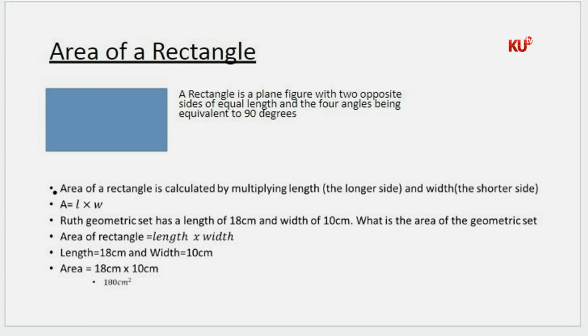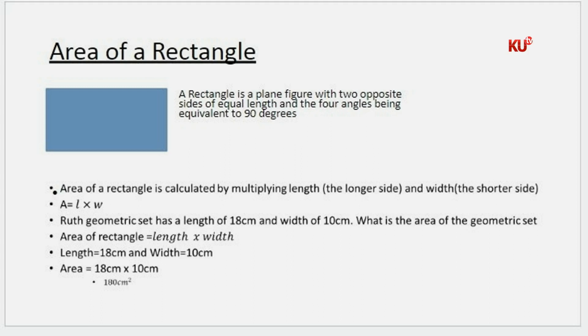As you can see on your screen, area of a rectangle is calculated by multiplying length, which is the longer side, and width, which is the shorter side. So we are saying the formula is equal to length times width.